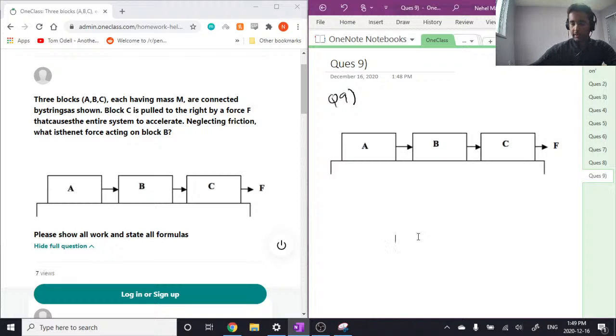I'm going to need a few free body diagrams in order to solve this question. The first one I'm going to do is of the system as a whole.